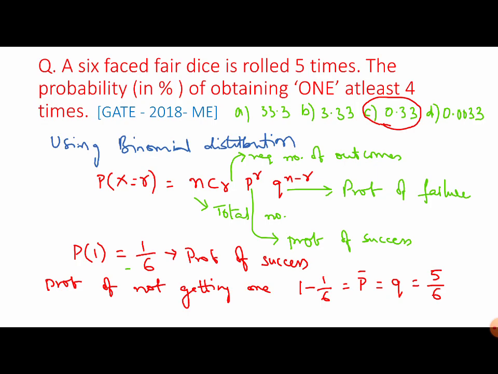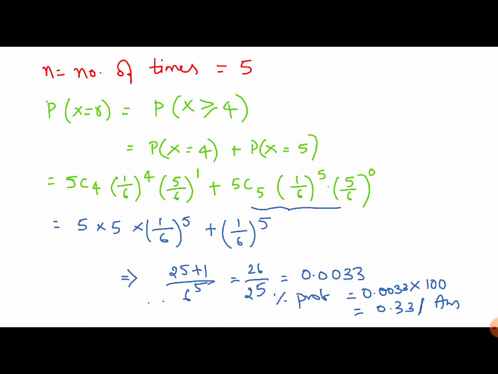Just go through the procedure. Using binomial distribution, NCR into P power R into Q power n minus R. N is the total number of times you are repeating the experiment. P is the probability of success. Q is the probability of failure. R is the required number. So substituting these, what they have asked is obtaining one at least 4 times.